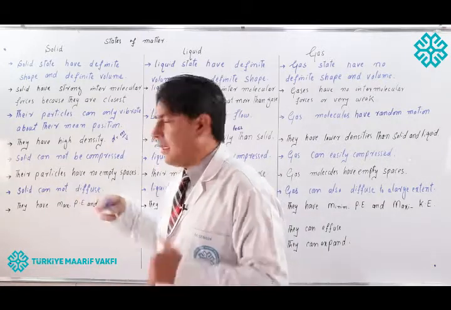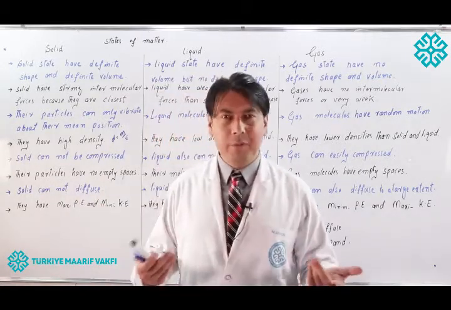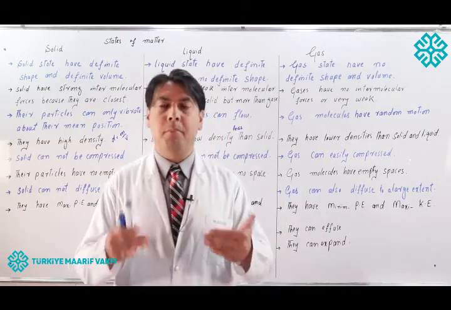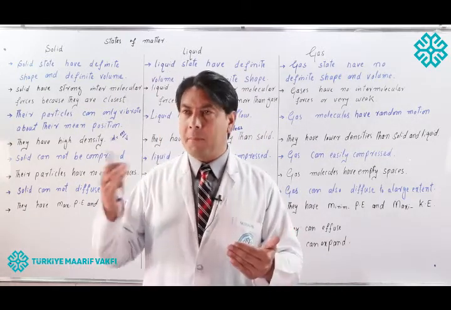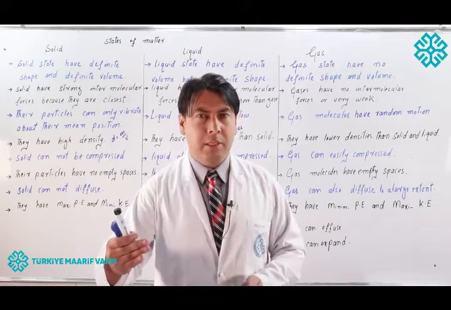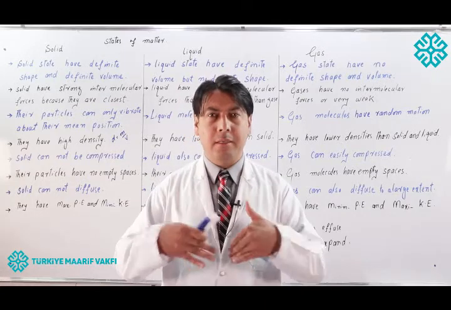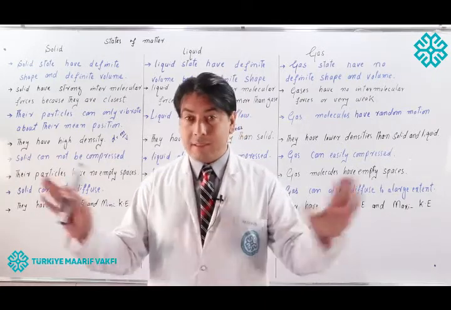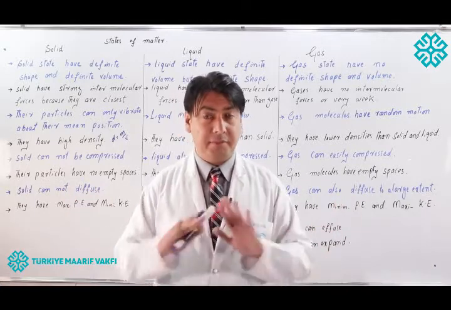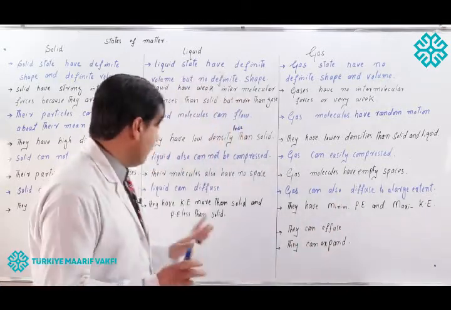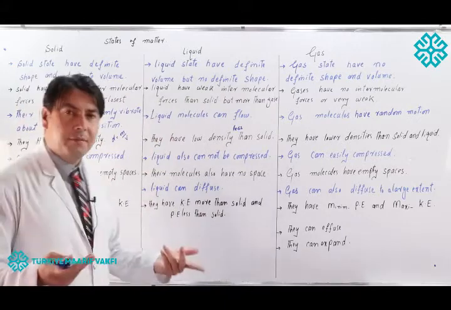Solid cannot diffuse. We know diffusion. What is diffusion? The movement of molecules from a region of higher concentration to a region of lower concentration is called diffusion. So the solid cannot diffuse. Now, liquid can diffuse.